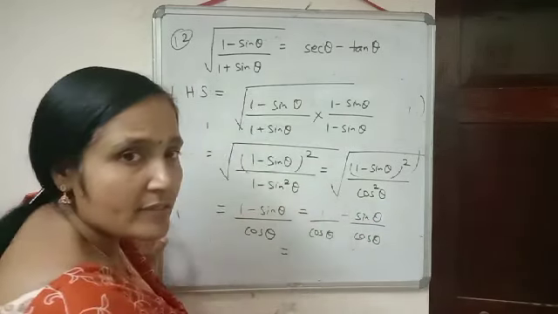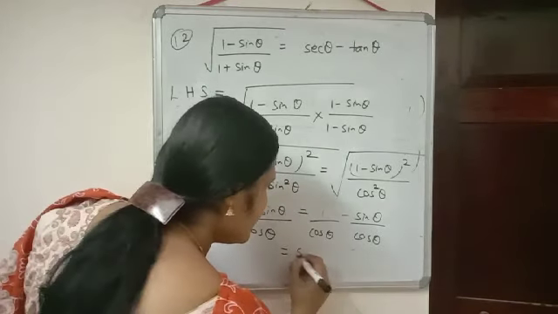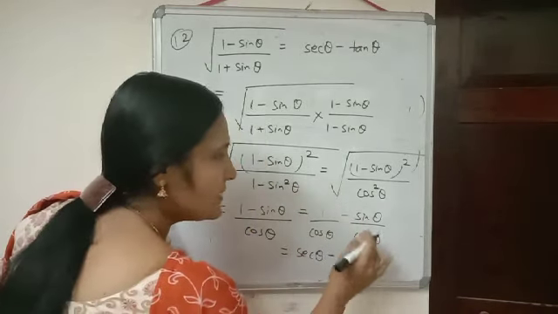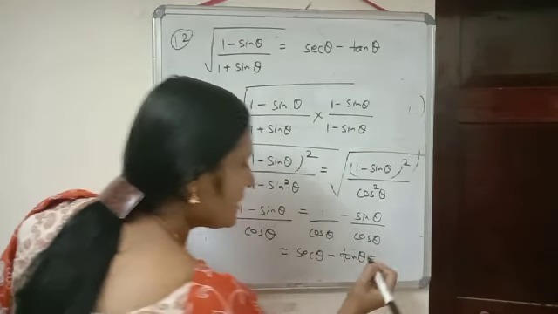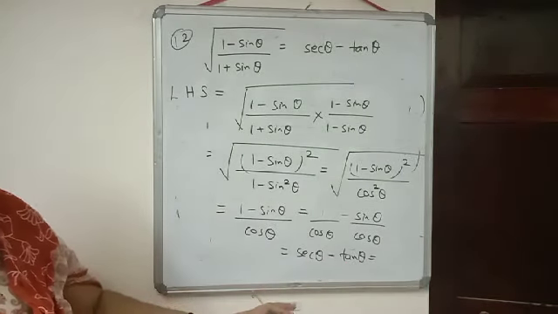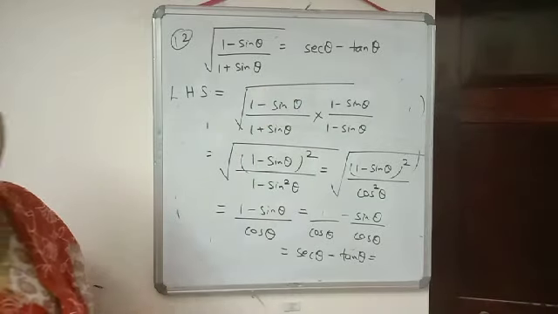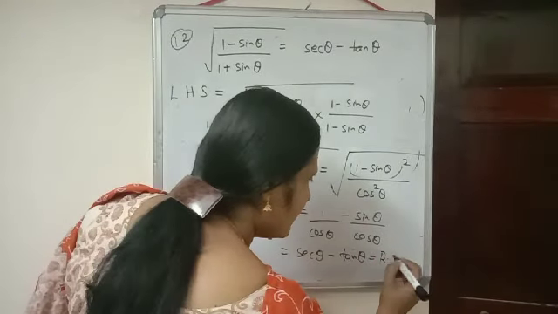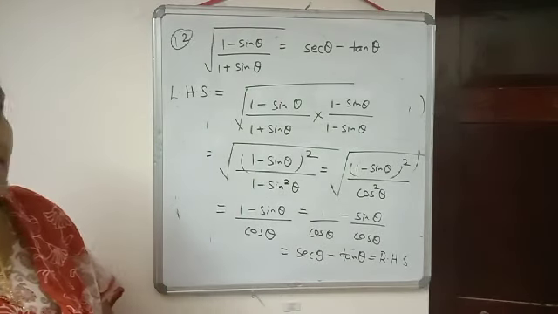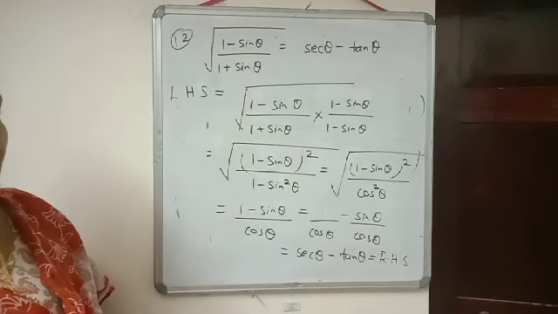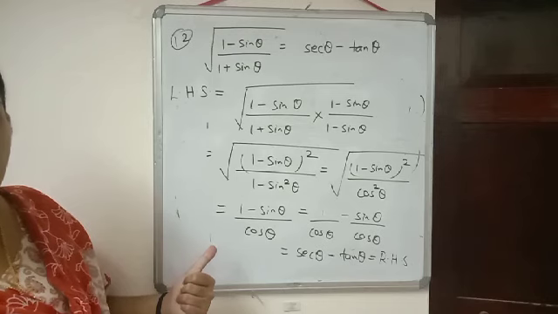What is 1 by cos theta? Correct, sec theta. Minus sin theta by cos theta is tan theta. So we got here sec theta minus tan theta, which is equal to our right hand side. So always just check what we have to do in the right hand side and then do accordingly. So I hope this concept is clear to you.